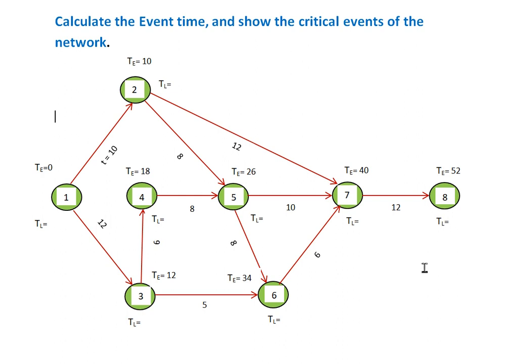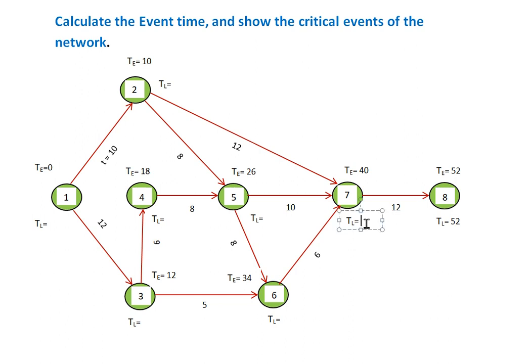That is the backward pass technique we need to follow here, from the last event to the first event. So the TL of event 8 will be the TE of event 8, that means 52 we need to write here, that will be the latest allowable occurrence time of event 8.